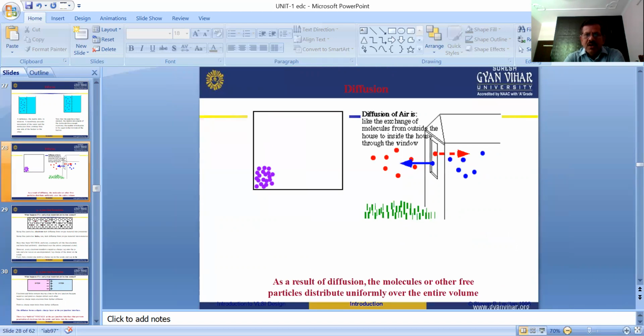Here is the diffusion of air, like the exchange of molecules from outside the house to inside the house through the window. This is the phenomenon of diffusion of electrons and holes, the charge carriers' movement process from one side to another or into the semiconductor materials.